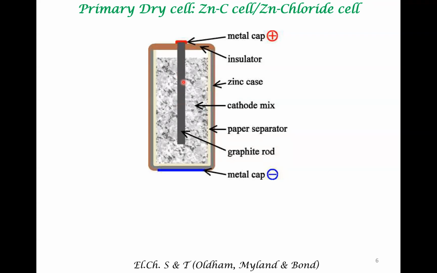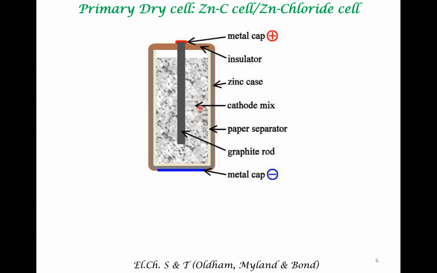Then there is an outer casing, all right? So only this metal cap is connected to the graphite rod. There's an electronic contact. However, there is an insulator here. And then this graphite rod is in contact with the cathode mixture.